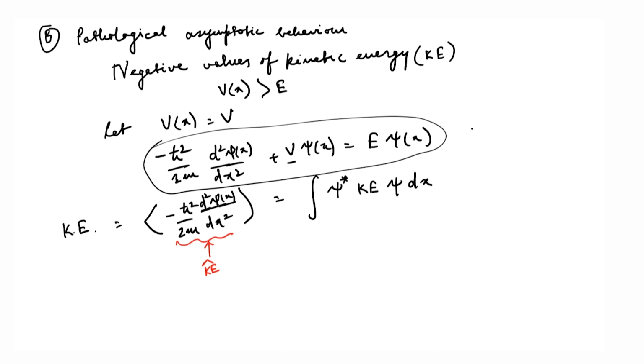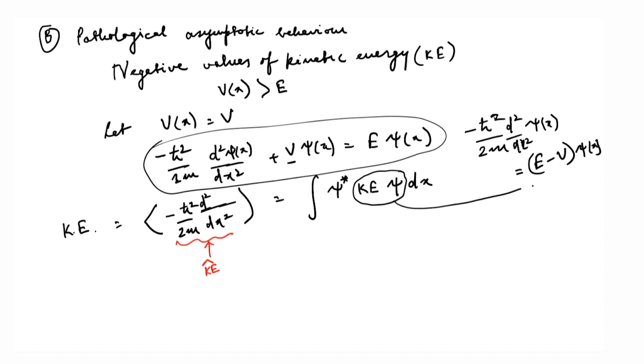From here, we see that d2 psi(x)/dx2 can be written as minus 2m over h bar squared times E minus V psi(x). So in this integral, we replace this term with this particular term.